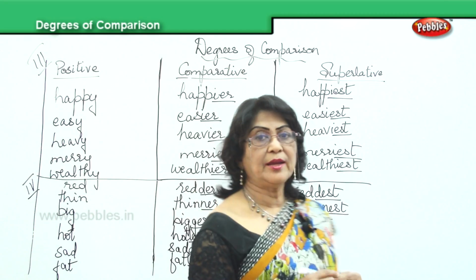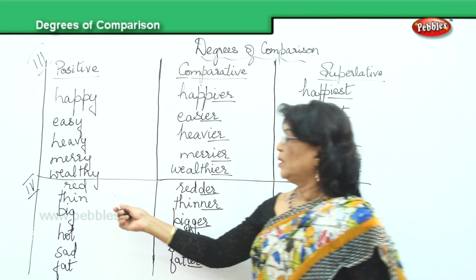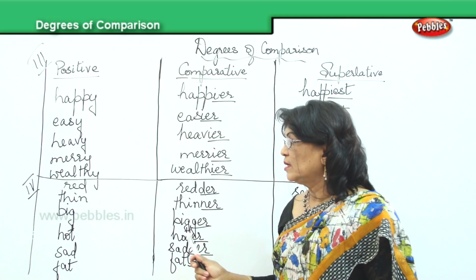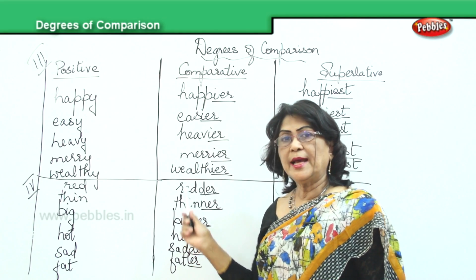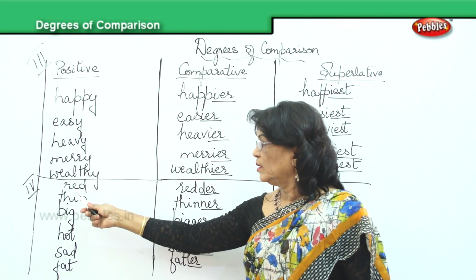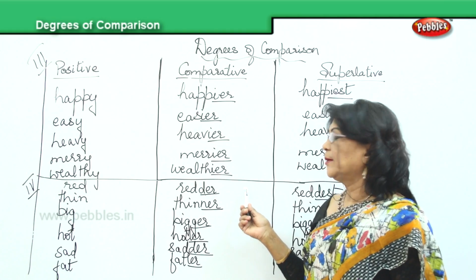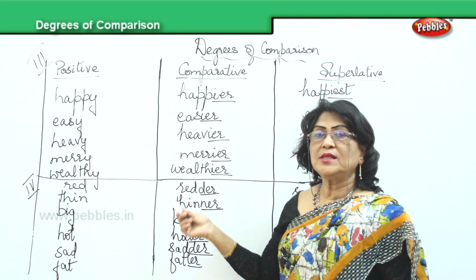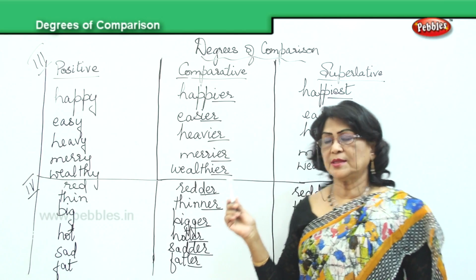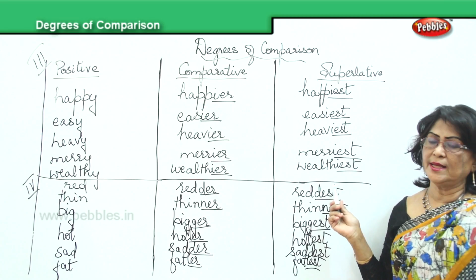Okay, we'll have a quick recap of this rule number 4. Whenever a word, an adjective, ends with a consonant and it has a very weak vowel before that, then when it becomes a comparative, the consonant doubles and takes ER. And when it becomes a superlative, the consonant doubles and takes EST.